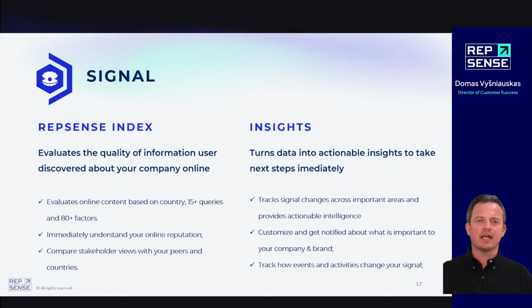And as I already mentioned, everybody has a lot of numbers and a lot of data. It's hard to get insights. So we want to turn the data into actionable insights and help you take the next steps immediately. So we track the signal that changes across important areas and provide actionable intelligence. We give you the decisions that you need to make, what needs to be done next to improve your online reputation.